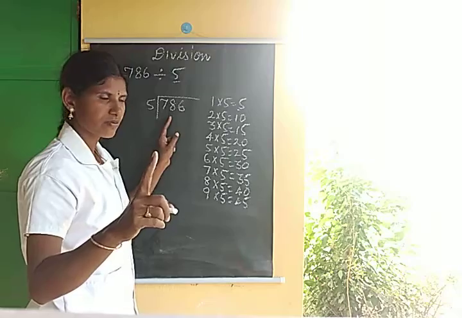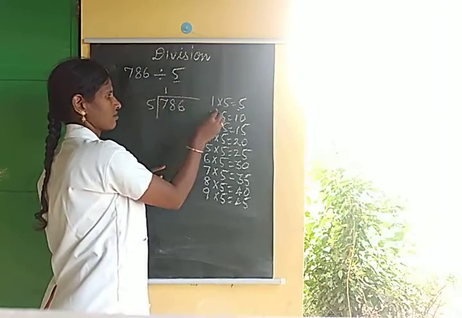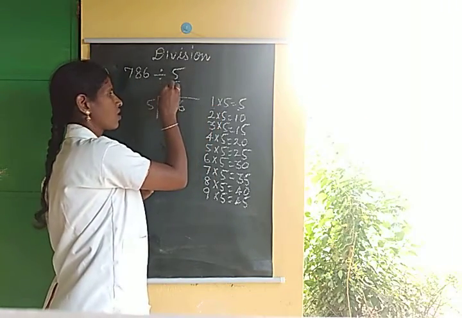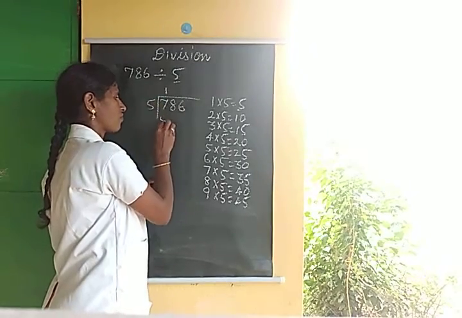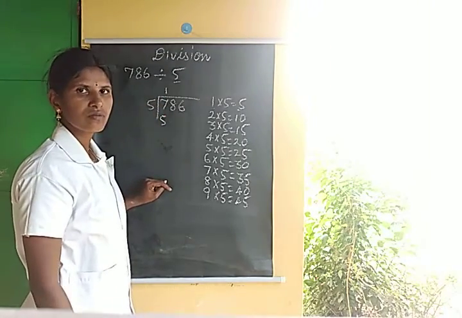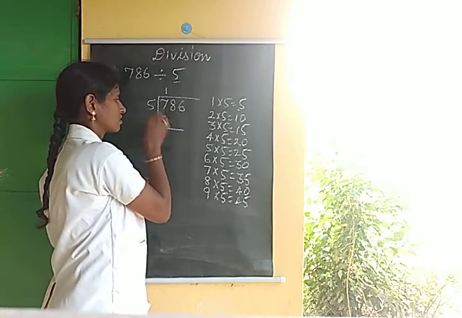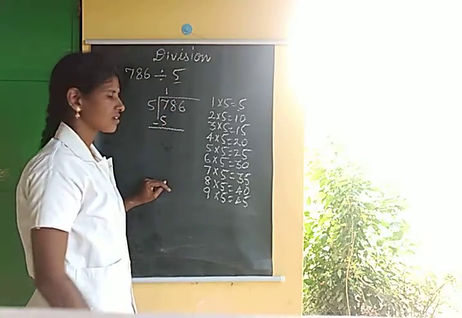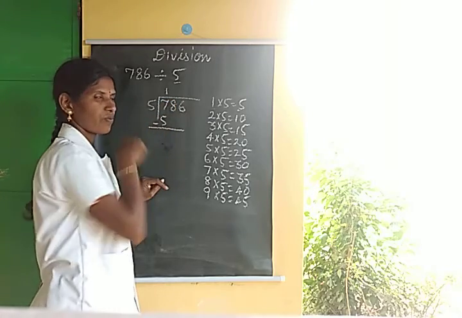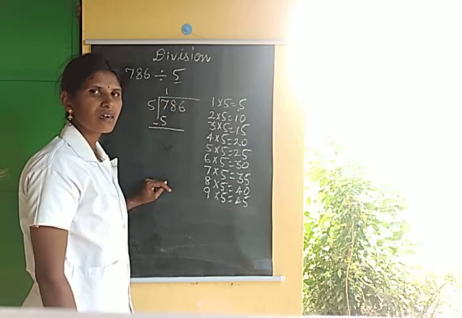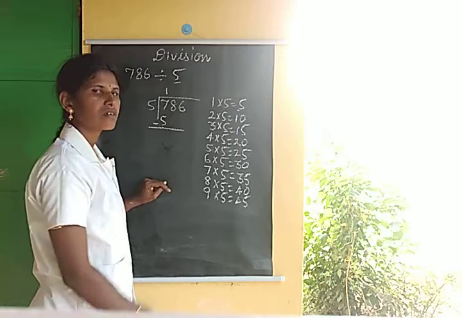How many times is 5, 5? 1 time. This 1 we have to write here. 1 5 is 5. Next, subtract. 7 minus 5, what is the answer? 2.